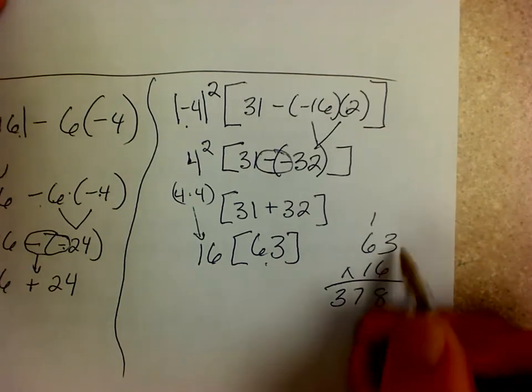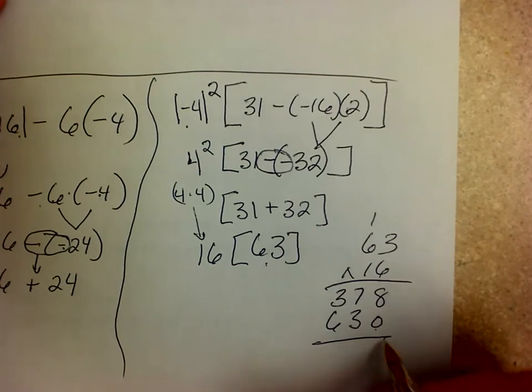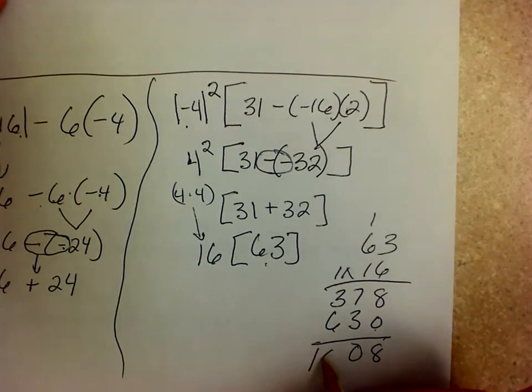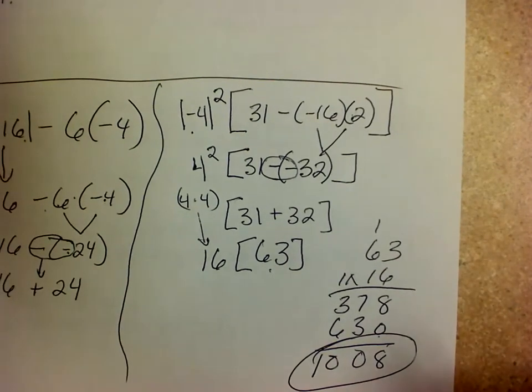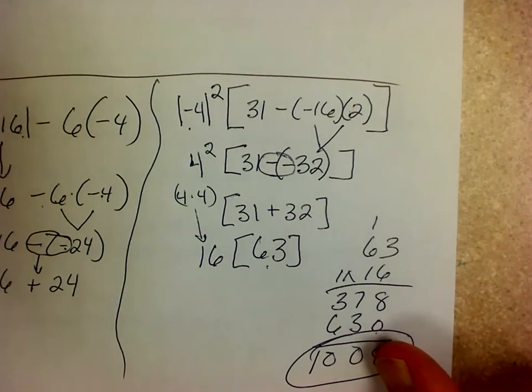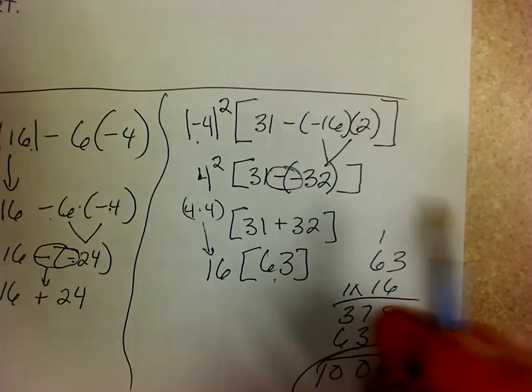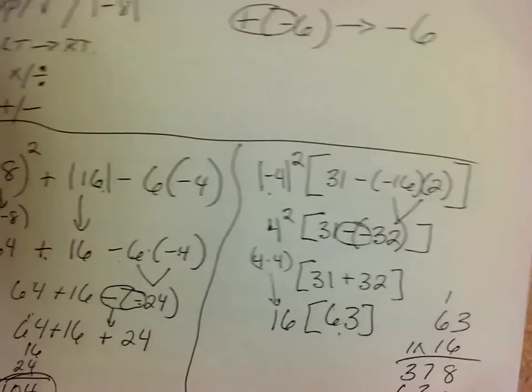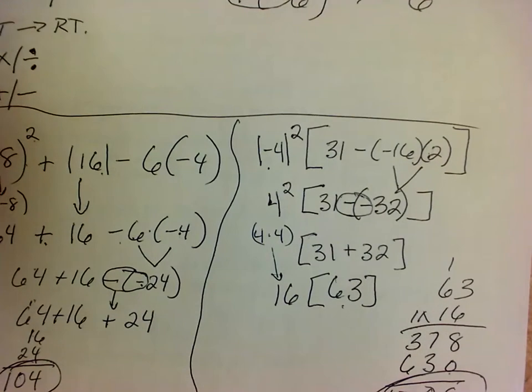Space holder, 1 times 3, 1 times 6. We get 1008. Order of operations, some of this should be very familiar to you. Just keep track of those negative signs. That's going to be the big challenge today.